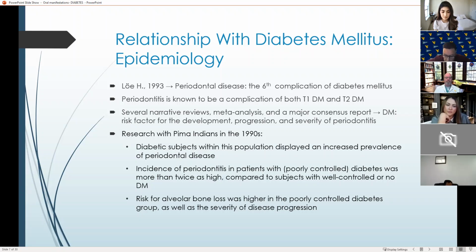More importantly, analysis of longitudinal data from this population also showed that the incidence of periodontitis in patients with poorly controlled diabetes was more than twice as high compared to subjects with well-controlled or no diabetes. The risk for alveolar bone loss was higher in the poorly controlled diabetes group, as well as the severity of disease progression.